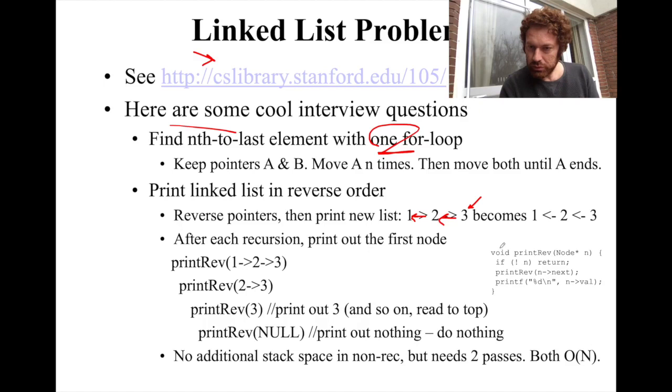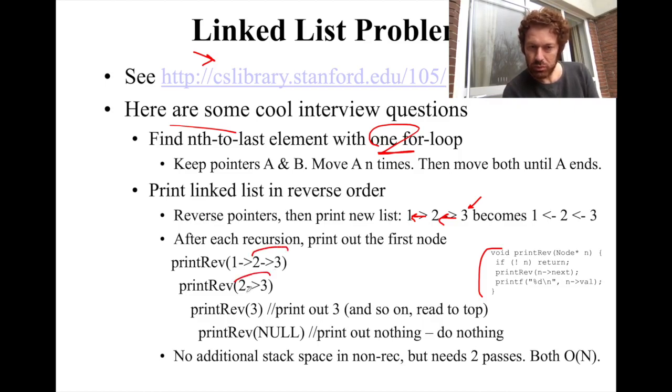So let's go over the recursion here. Since the first node is not null, it means I have a linked list in my hand. Call recursively the same function using next of the first node, so using this part, which is 2, 3.